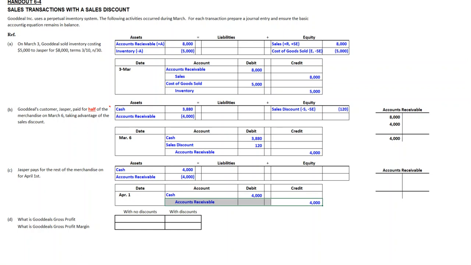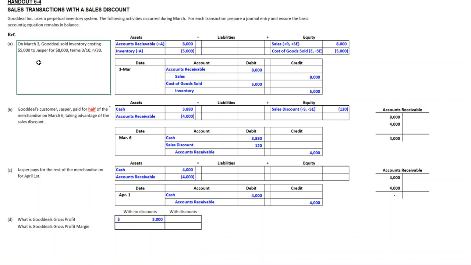Let's go ahead and take a look at Good Deal's gross profit as well as its gross profit margin, both with the sales discount and without the discounts. So if there hadn't been a sales discount, our gross profit would have been $3,000. Again, that was our original selling price of $8,000 minus the $5,000 cost of inventory.